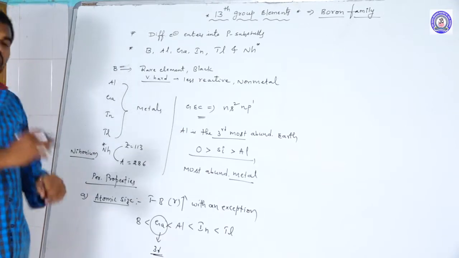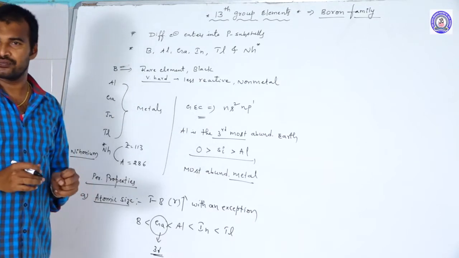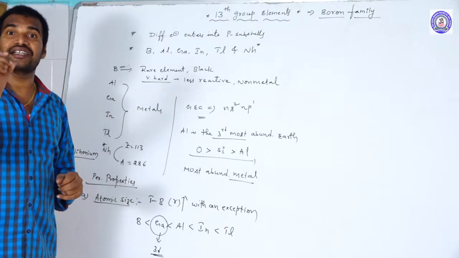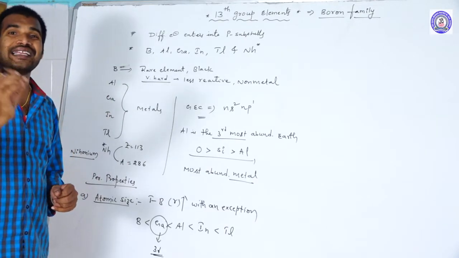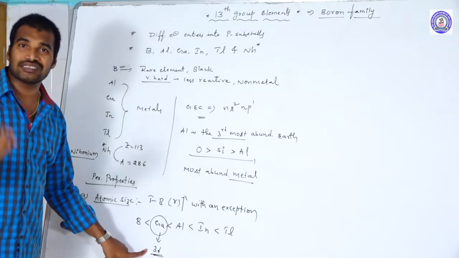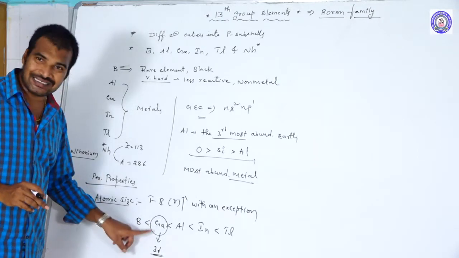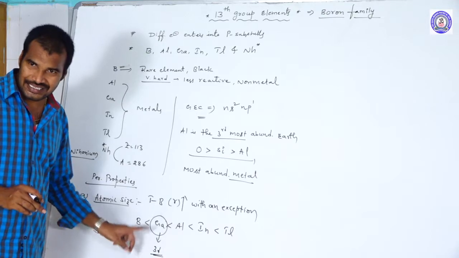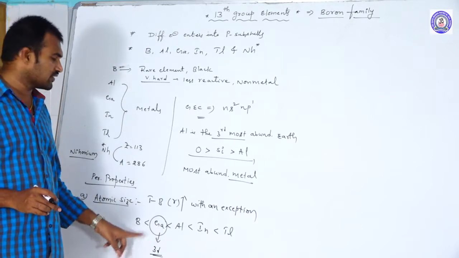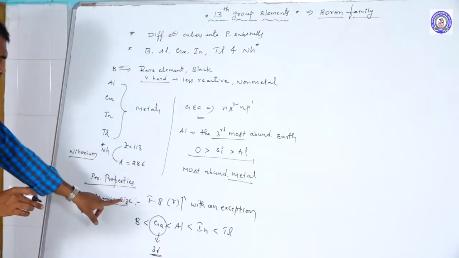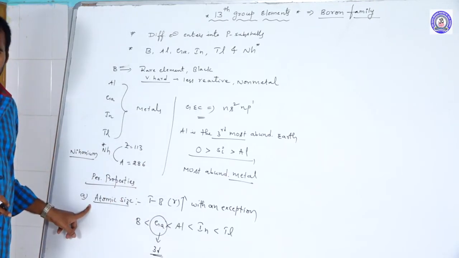But 3d orbitals are large in size, so they are diffuse. Because of its diffuse nature, the screening effect of these d orbital electrons is less. So, because of the less screening effect of these 10 d electrons, gallium is exceptionally smaller in size than aluminium. So this is one exceptional case in atomic size.